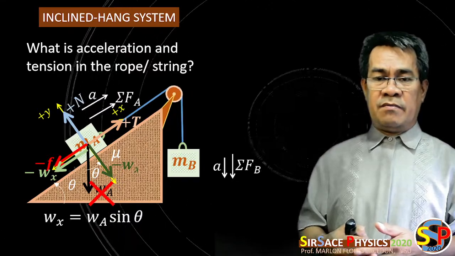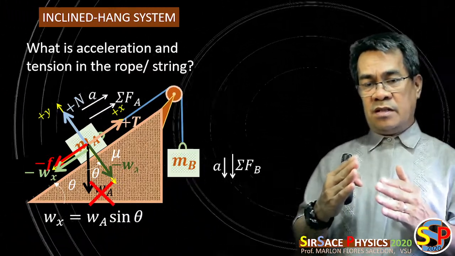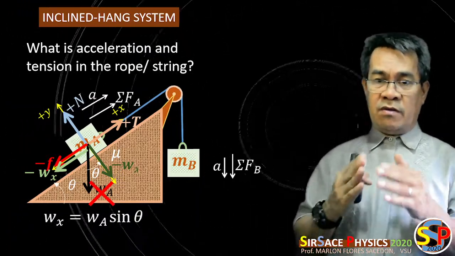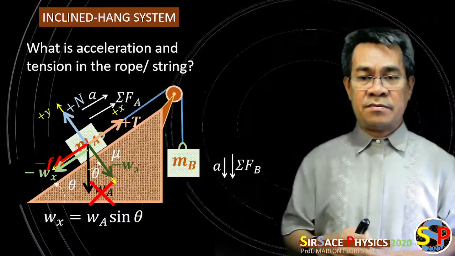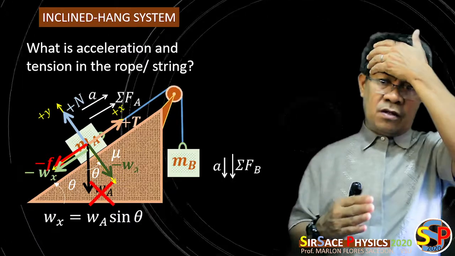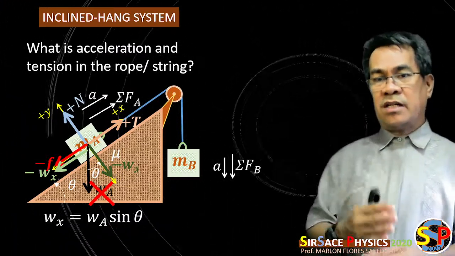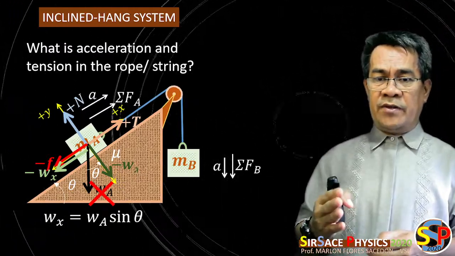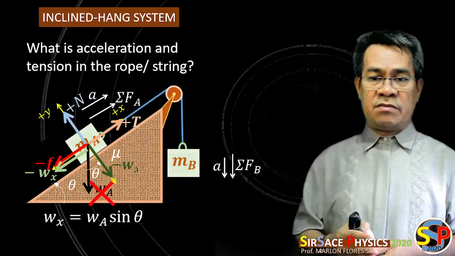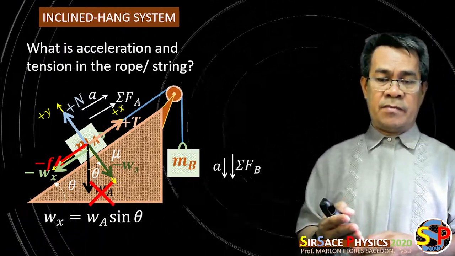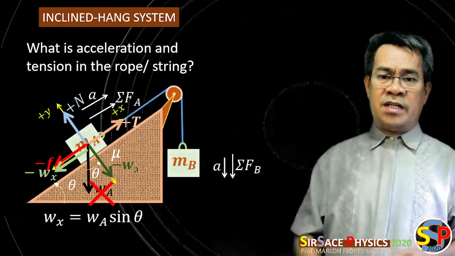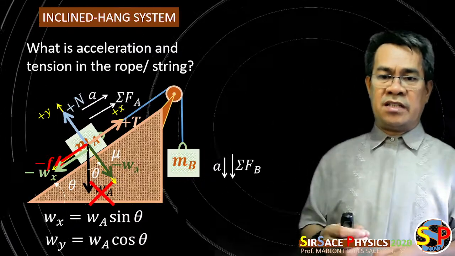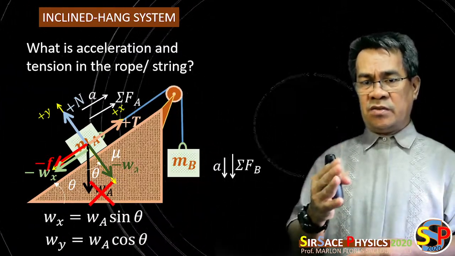Remember that the components and the vector form a right triangle, and take note, the right triangle has an angle of theta coming from the y-axis, which means that solving for sine, the sine now is opposite, hence Wx is Wa sine theta. And Wy is Wa cosine theta, because Wy is adjacent to the angle.